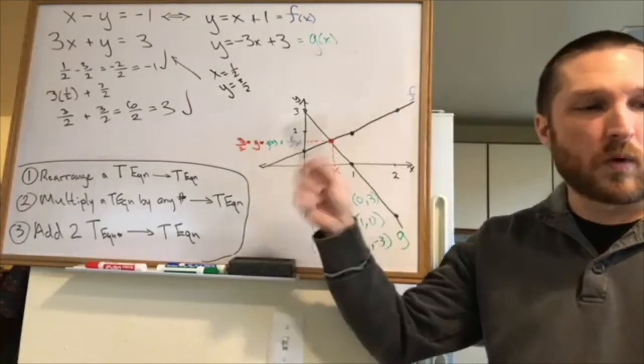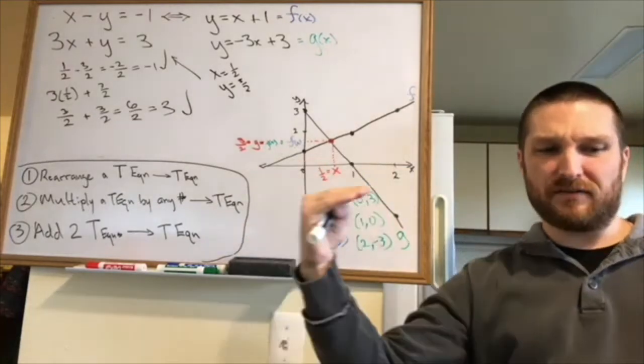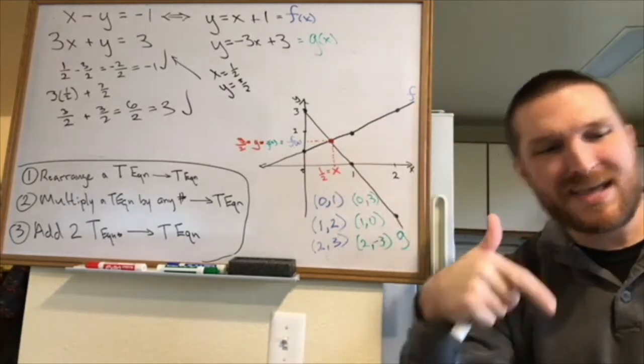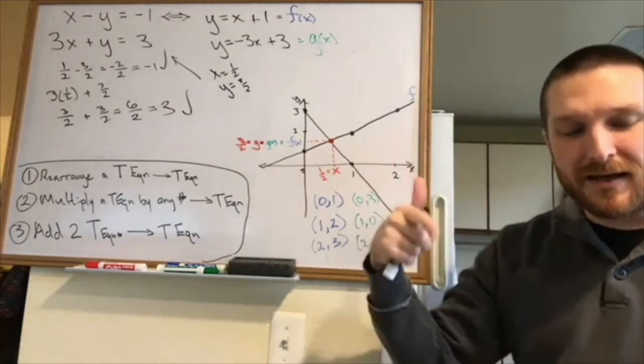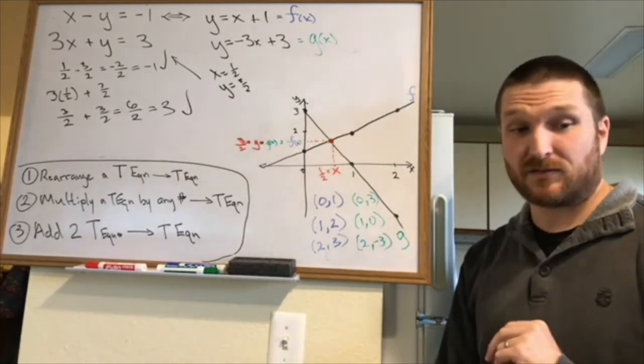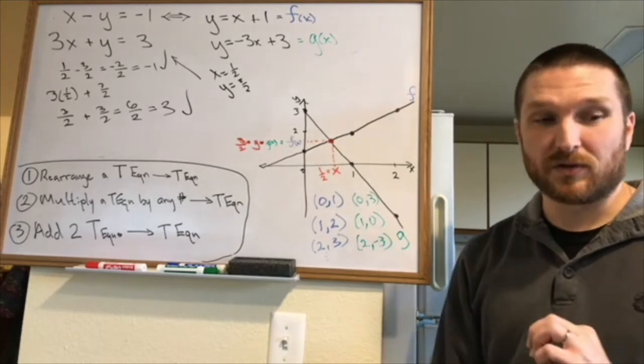Just get y by itself, set the two output values equal to each other, find your original input value, take that value and plug it in to find your output value, and it will work every time. And that's true when you're working with two equations and two unknowns.